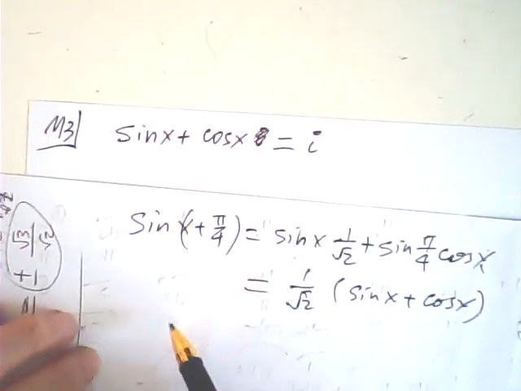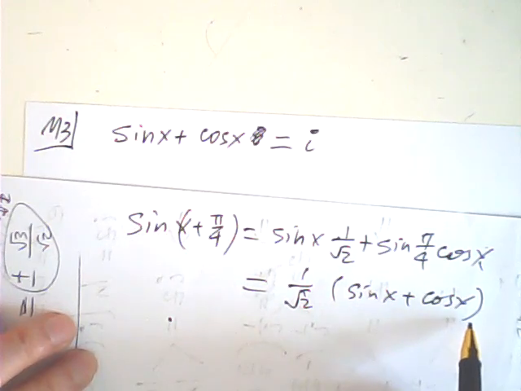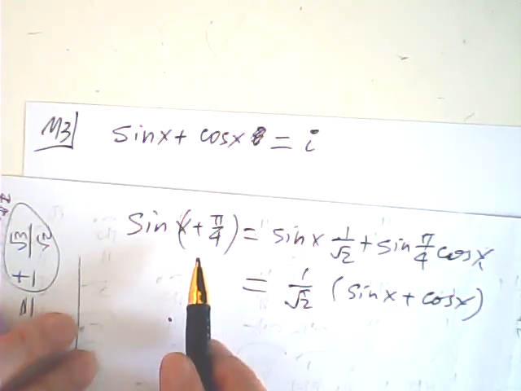Right? So my sine x plus cosine x is equal to root 2 times this.